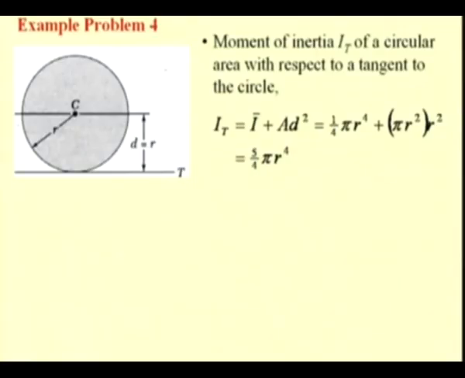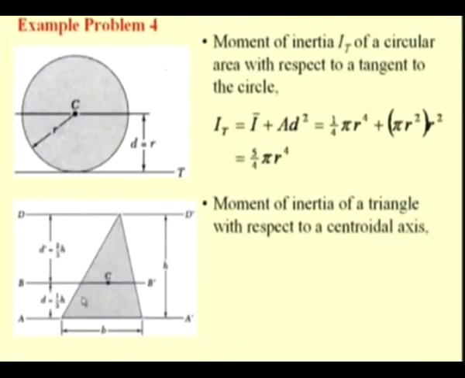So, we see that we can advantageously use this parallel axis theorem to determine the second moments with respect to an axis parallel to a centroidal axis. So, we can take one more example. Here you see a triangular lamina and BB prime is a centroidal axis.